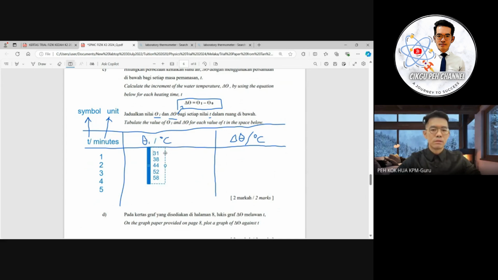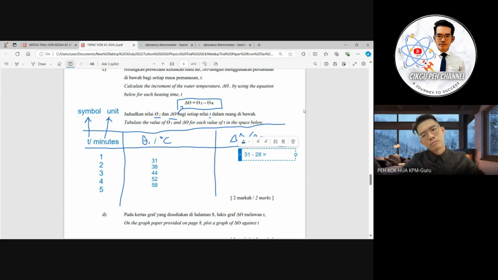Just now we gave the initial example, 28, so 31 minus 28, you will get 3, right? Actually you just need to show 3, enough already.